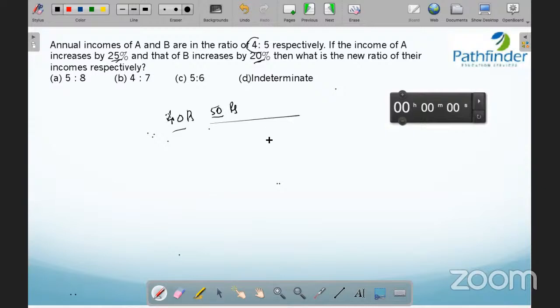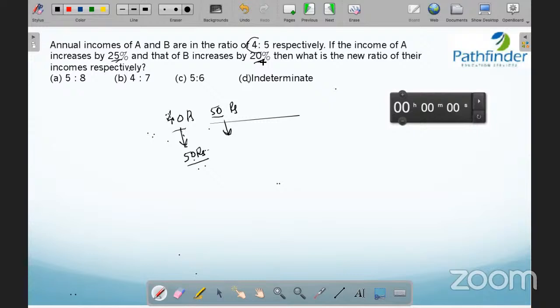You can take practically any multiple of 4 is to 5. Now you increase A's income by 25%. If I increase 40 rupees by 25%, I'm going to get 50 rupees. Correct? 40 plus 25% of 40 is 50 rupees.